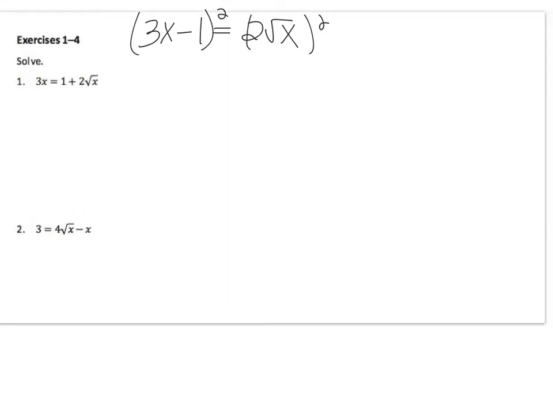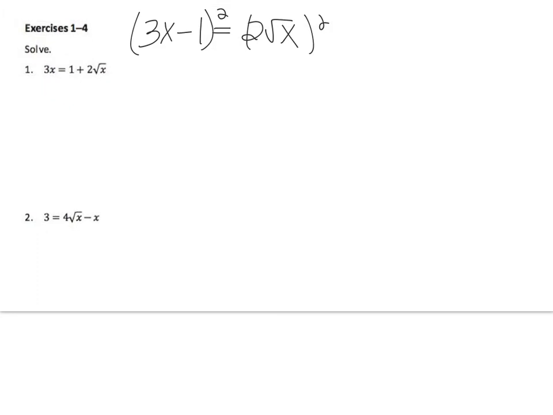So on the left, I have 3x minus 1, 3x minus 1, and on the right, just plain old 4x.